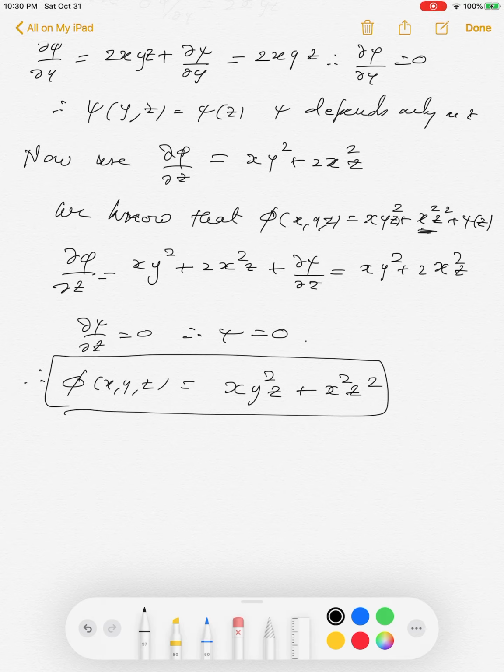So you can see now that the gradient of this phi is f. So this is exactly the same procedure that we did in two variables, how to find phi.